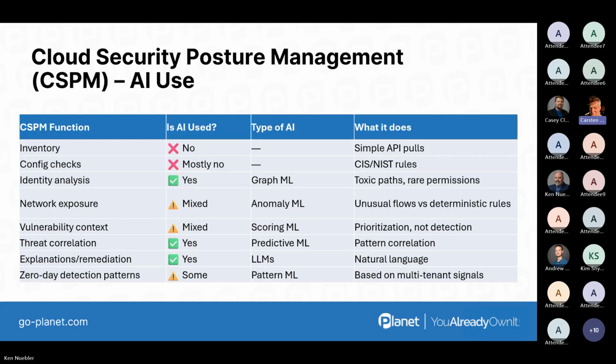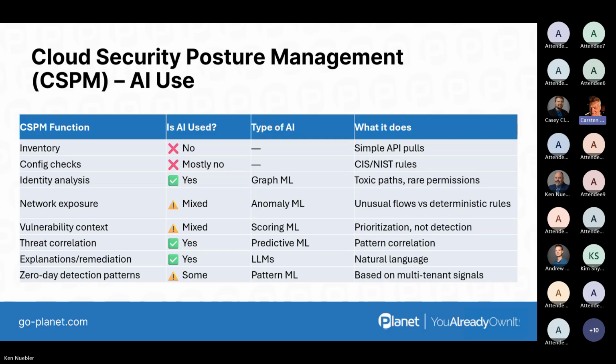All right. So this is where we're going to start looking at what we introduced as what's happening with AI and Defender for Cloud. There are a lot of AI components being used in this framework. As you see here, if I go into identity analysis, there is a machine learning component.